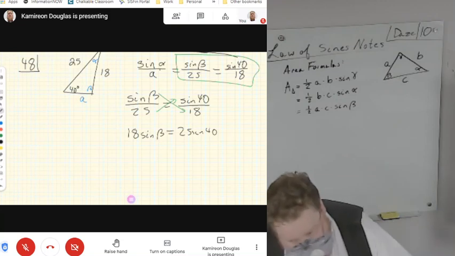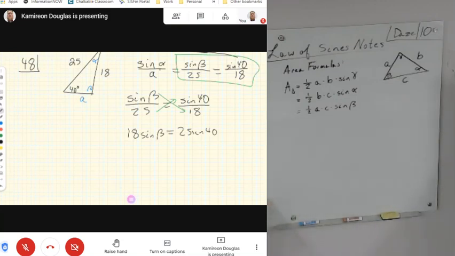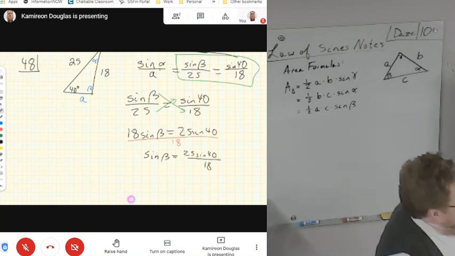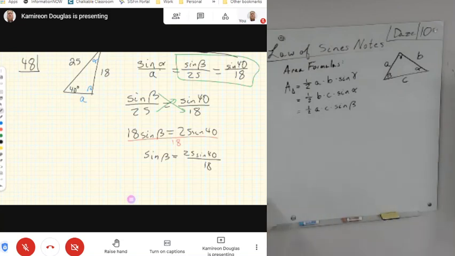I divide by 18, trying to get my variable by itself, and I end up with the following. Sine of beta is equal to 25 sine of 40 over 18. I don't want sine of beta, I want just beta.